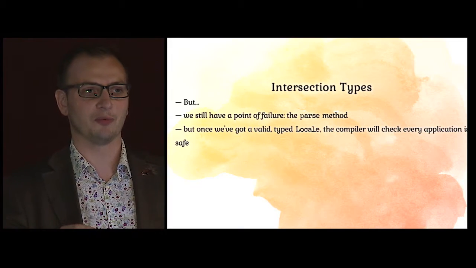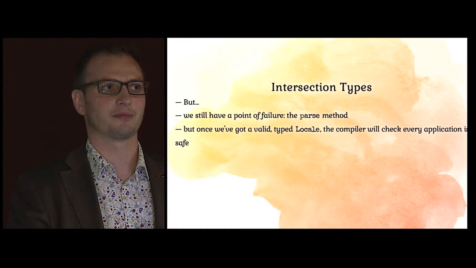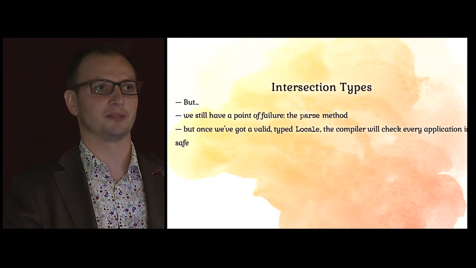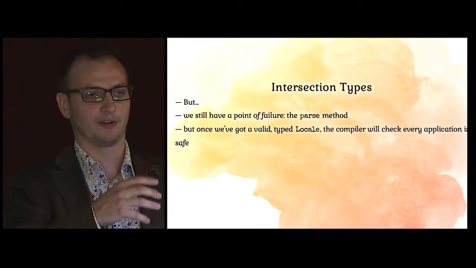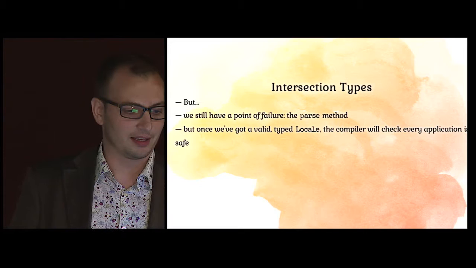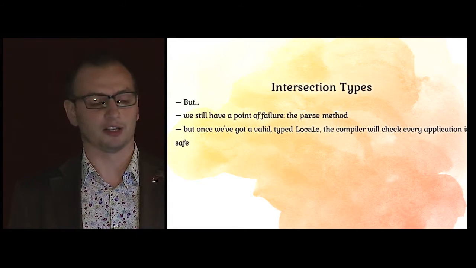So en with fr is a supertype of en with fr with de. Think about it carefully. We can successfully get that from the map, not the other way around. And that is then a safe operation, but the parse method can still fail.